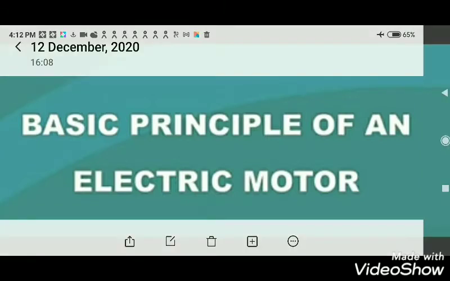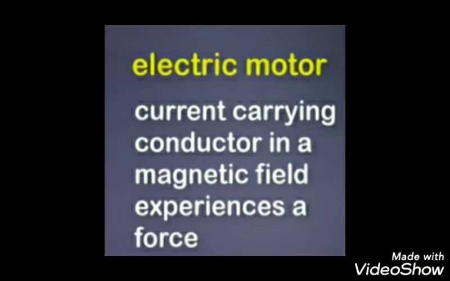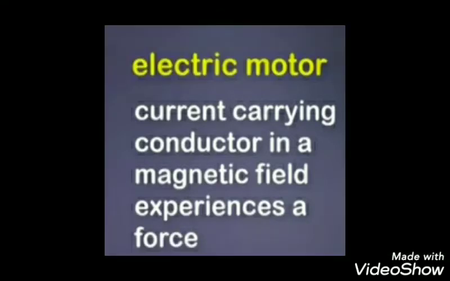Basic principle of an electric motor. What is the basic principle of an electric motor? A current carrying conductor in a magnetic field experiences a force. Did we come across this point in the last classes? Indeed, we came across it, children. The activity, force on a current carrying conductor in a magnetic field using an aluminum rod and horseshoe magnet.